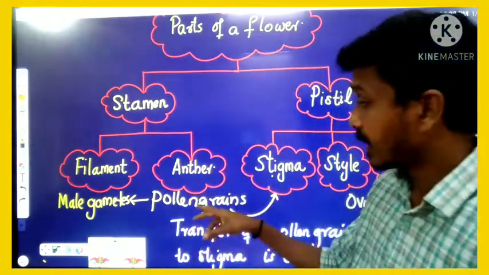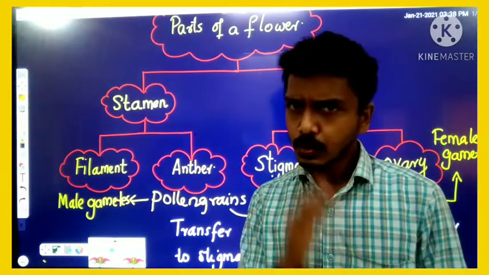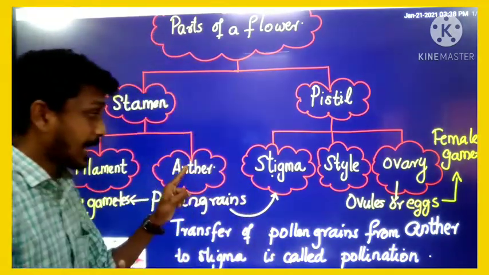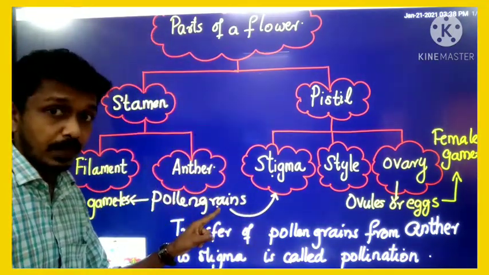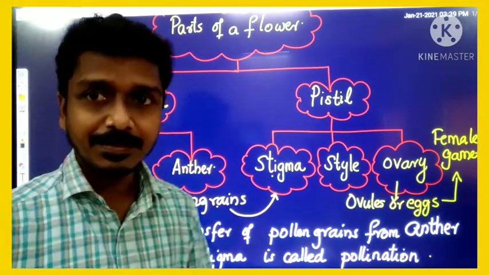You know that process is called the transfer of pollen grain from the anther to the stigma. That is called pollination.